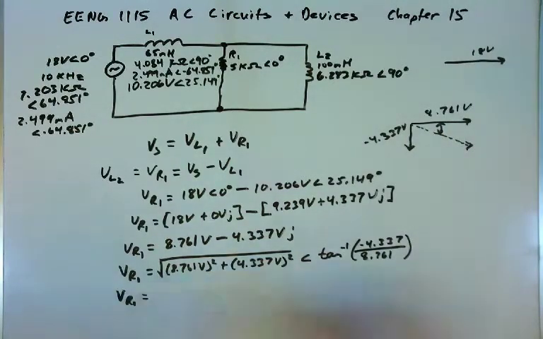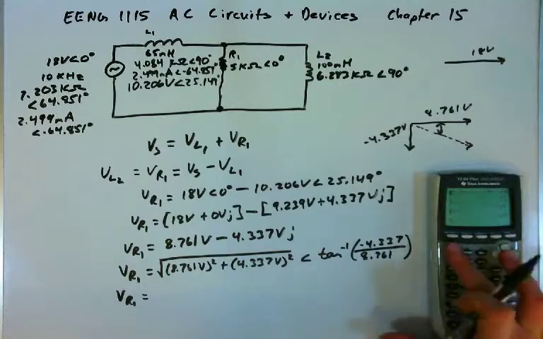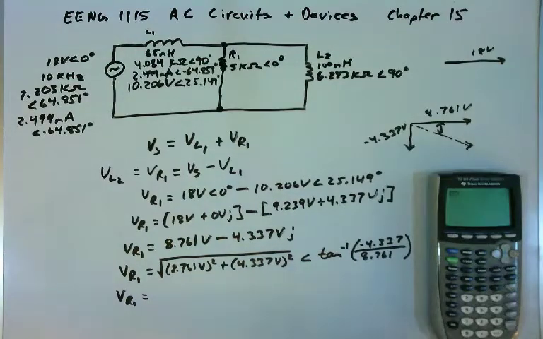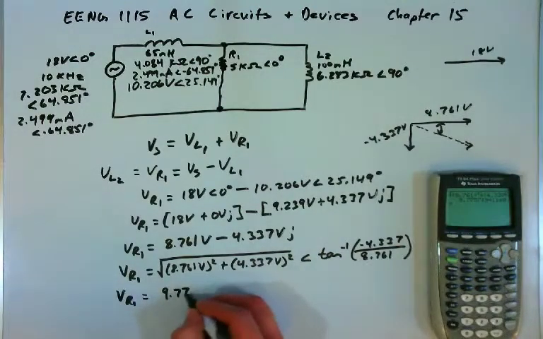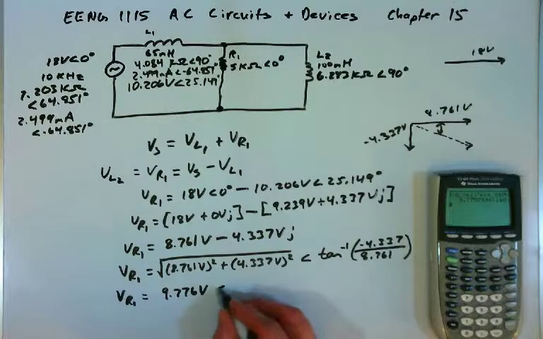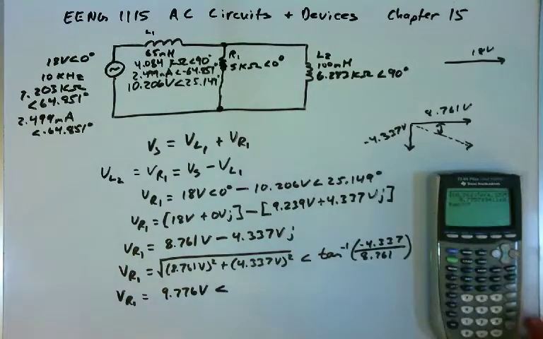And so VR1 will equal the square root of open parentheses 8.761 close parentheses squared plus open parentheses 4.337 close parentheses squared, and the magnitude will be 9.776 volts, and the angle will be the inverse tangent of negative 4.337 divided by 8.761.